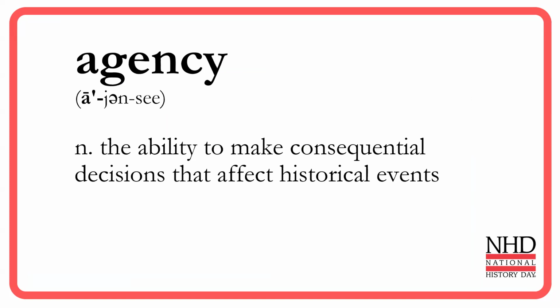Let's turn our attention to the second of the three higher level interpretive skills, and that's agency. Agency, for my money, is the most valuable and useful and important thing that a historian can think about as we're trying to make sense of the events of the past. So in our first webinar, I suggested that close reading is an unusually powerful tool in the kit of historical thinking skills.